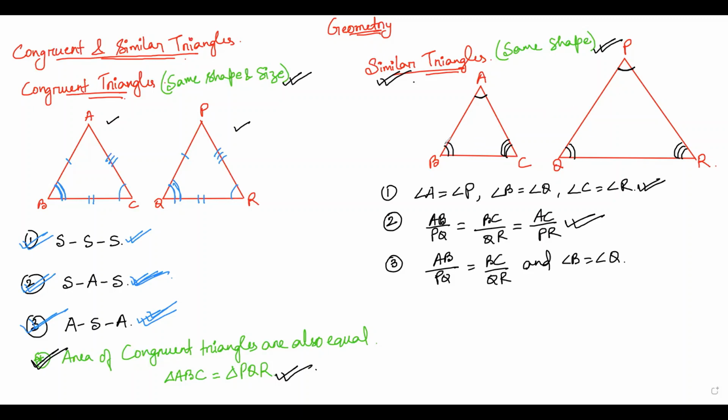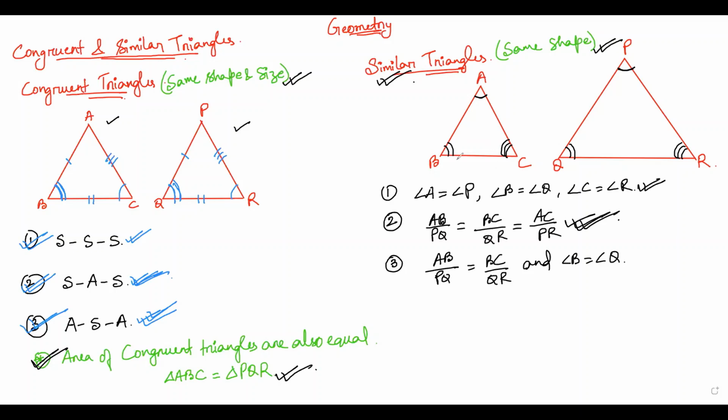In a similar way, angle B is equal to angle Q, so we need to consider the sides AC and PR, and angle C is equal to angle R, so we would be considering the sides AB and PQ. And all these ratios are equal if the two triangles are similar.